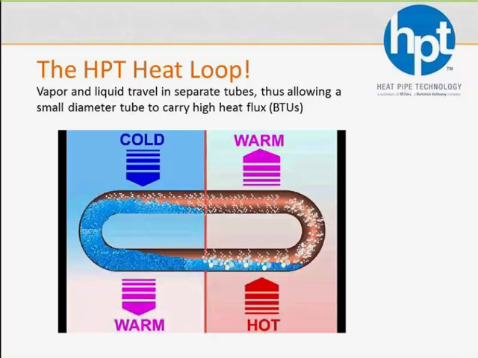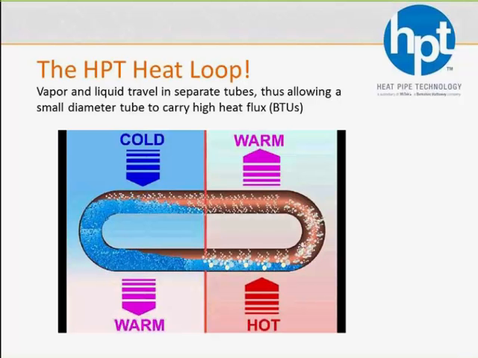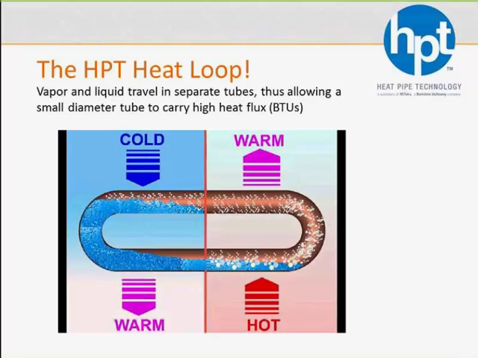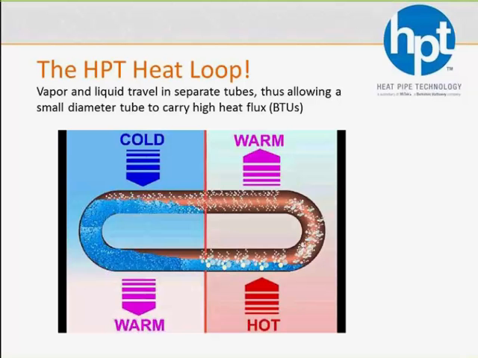As soon as you apply hot air to the right side, the refrigerant on that side is going to pick up the heat and boil. It's going to go up that loop on the right side, travel to the other side, then give off the heat, condense to a liquid, and keep going around, in this case, in a counterclockwise loop. And if it's air-to-air energy recovery, if that season changes and that hot air on the right side becomes cold air, then the refrigerant is just going to change directions all by itself.